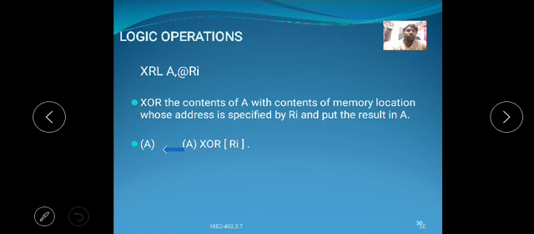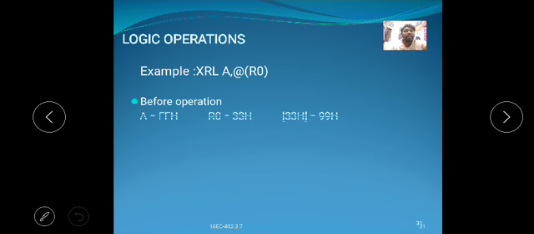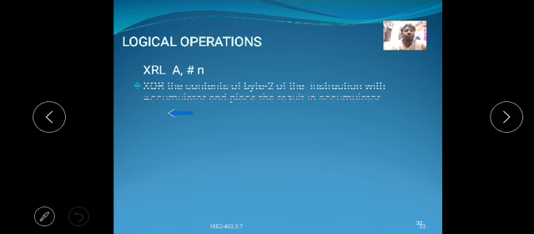XRL A, @Ri: XOR the content of A with the content of memory location whose address is specified by Ri and put the result in the accumulator, A XOR Ri. Example: XRL A, @R0.